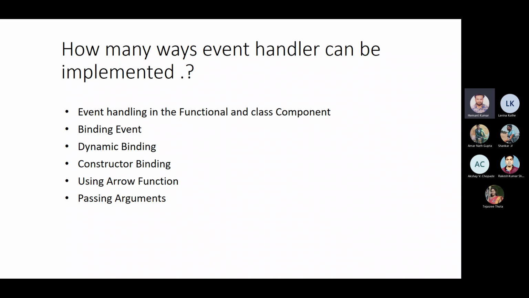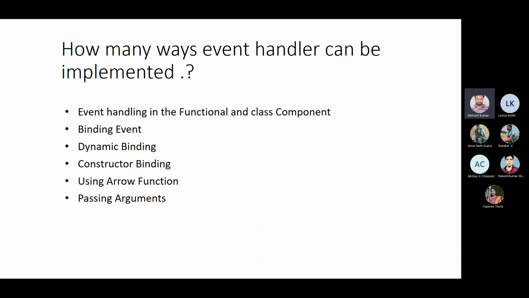There is another way, through the arrow function, where while calling the event handler we define it in arrow function style, so there is no need to bind the event handler.